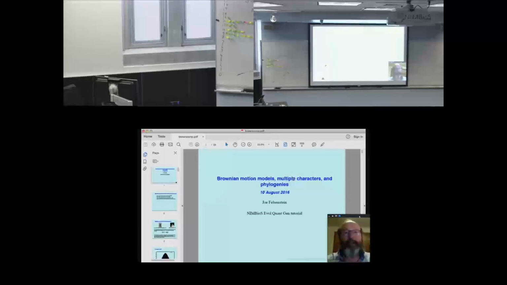And others of the very instructors in this course are going to say, well, it's an okay model, but it's a phenomenological model. We don't know if it's genetic drift. We don't know if it's variable selection. It's just something that roughly behaves like Brownian motion. That makes the connection much less tight.